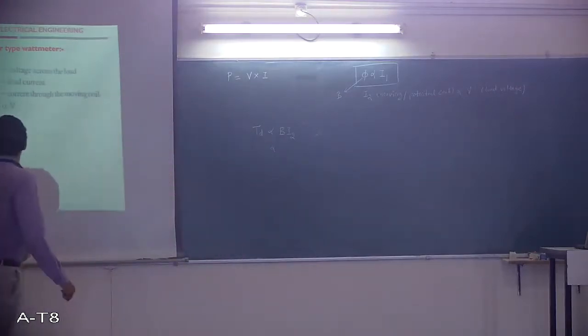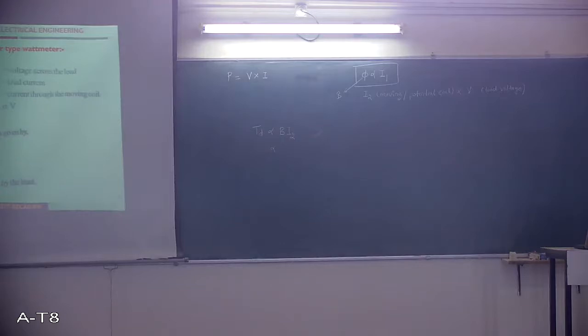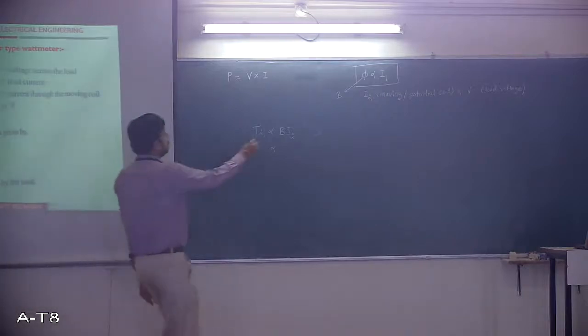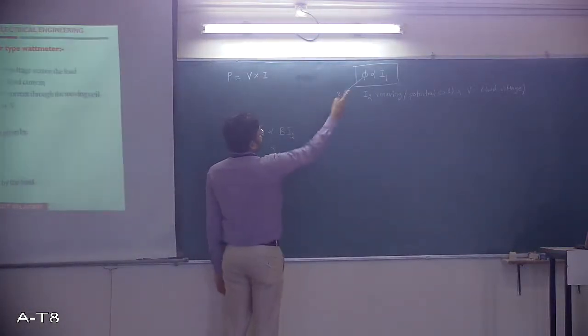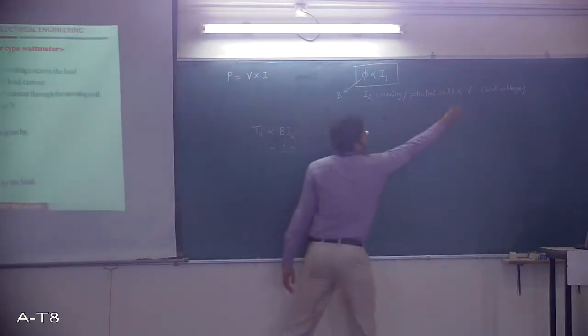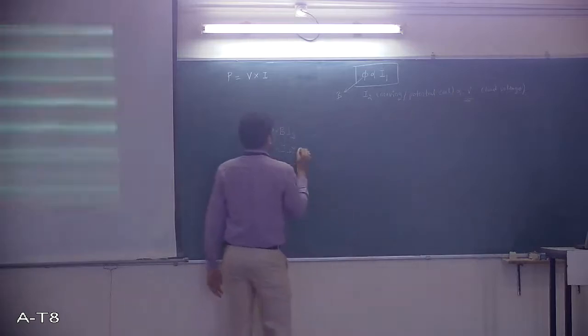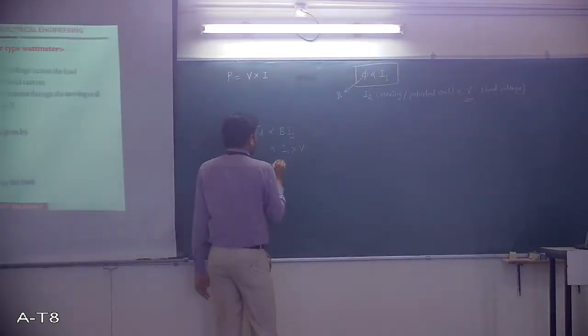I know that this B is proportional to what? It is proportional to I1, and I2 is proportional to what? It is proportional to V. So instead of writing this as B I2, I can write that B is proportional to I1, and I2 is proportional to V. That means this is proportional to V into I1.